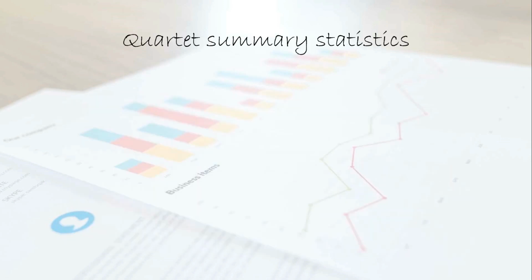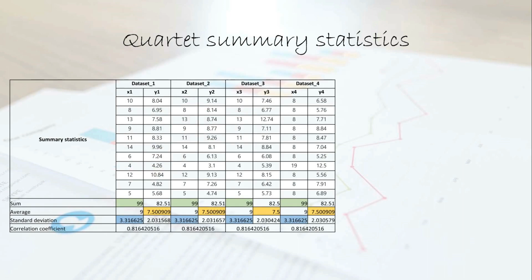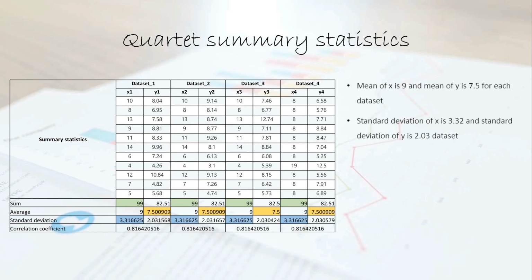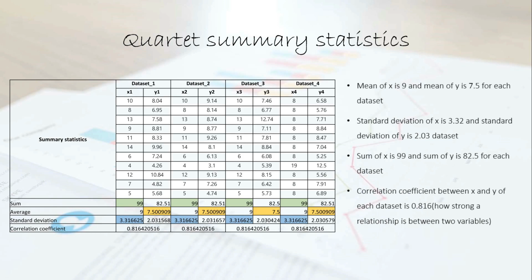Now let's look at the summary statistics of the following datasets. We obtained sum, average, standard deviation and correlation coefficient for each of the datasets.